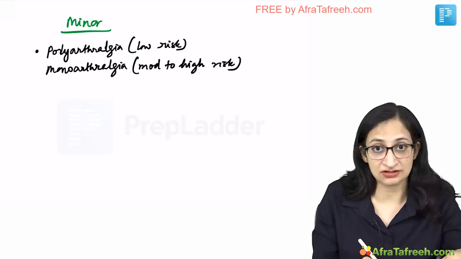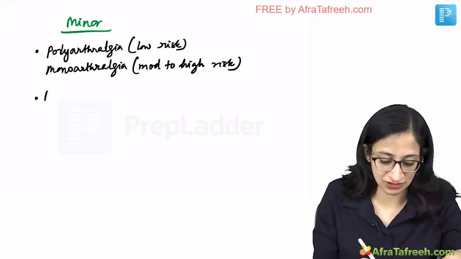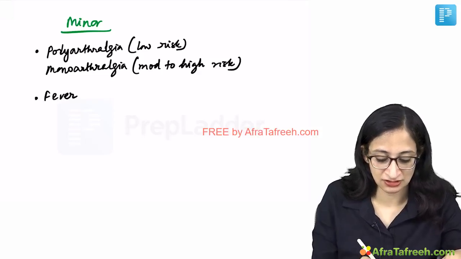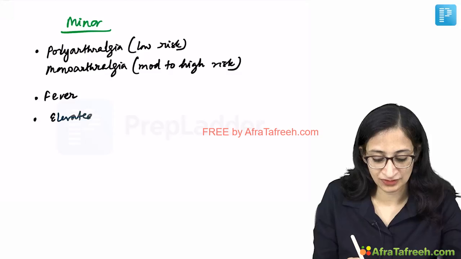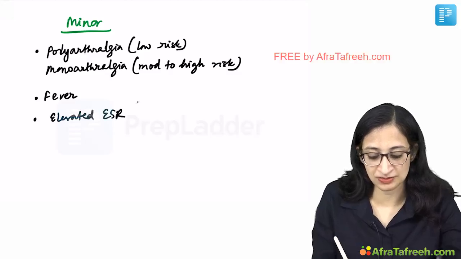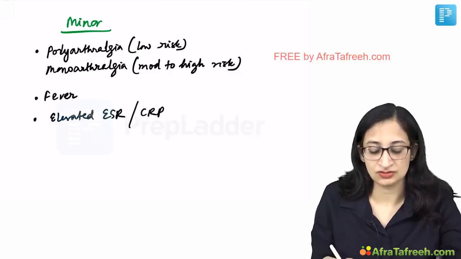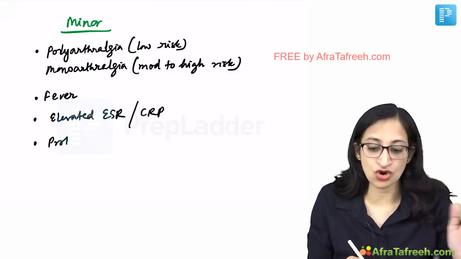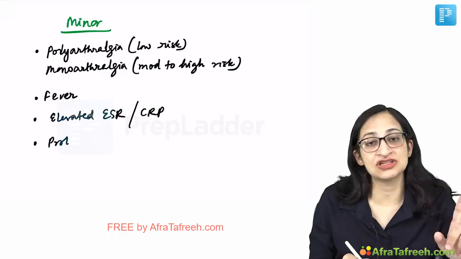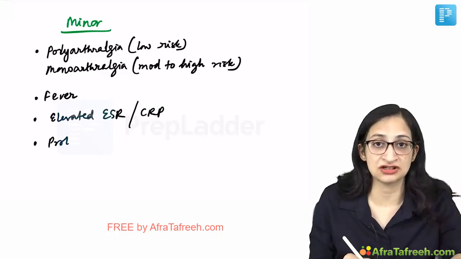Presence of fever is another criteria. Okay. Significant fever is another criteria. Then evidence of inflammation in the form of elevated ESR or CRP. Okay. And prolonged PR interval. If you have not taken carditis as the major criteria, only then you can use prolonged PR interval here.